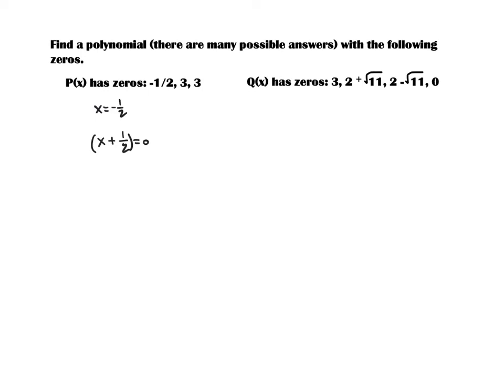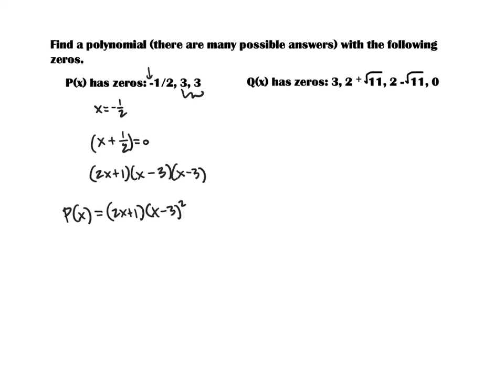Now I'm going to write it in a slightly different way just to make the absence of fractions nicer for us. And I see that I have a repeated root at 3. That means I'm going to have x minus 3 twice. So p of x is equal to 2x plus 1 times x minus 3 squared.